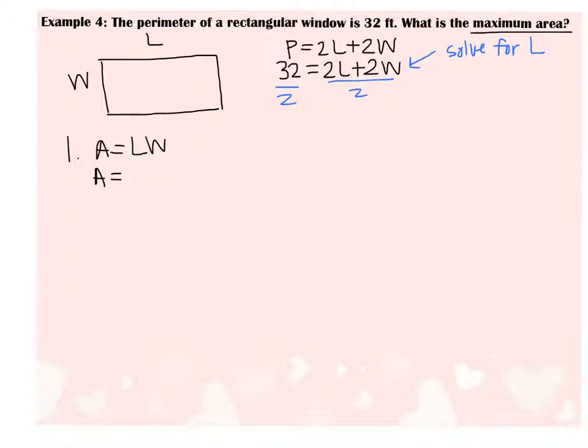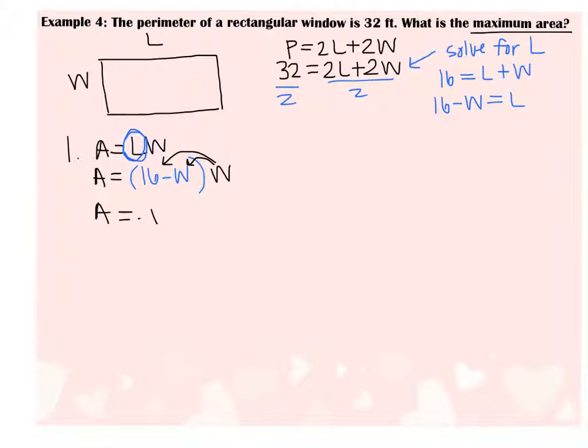This problem works out pretty nicely too in that you can divide everything by 2. So I get 16 is L plus W. Subtracting W from both sides gives me 16 minus W. That's what I'm going to plug in for the L in the area formula. And then I'm going to leave W just W so that when I distribute, I have a quadratic equation. So area equals negative W squared plus 16W.